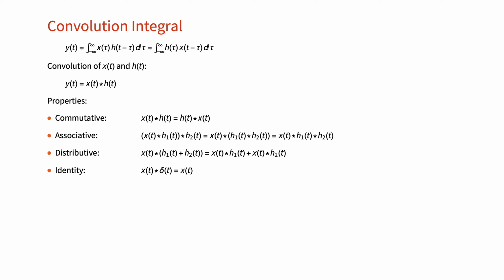And the impulse function is the identity element for the operation. Convolving any signal with the impulse function returns that function itself. And convolving with a shifted impulse function shifts the function as shown here.